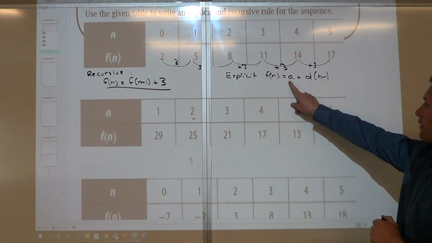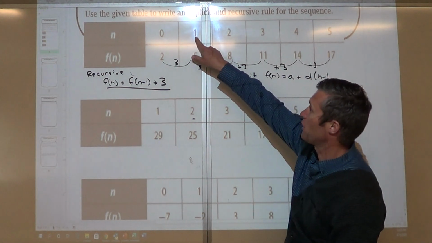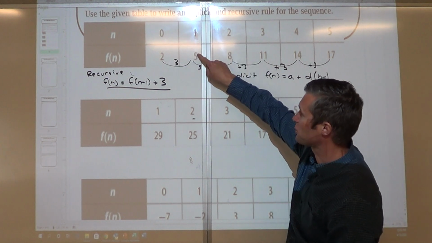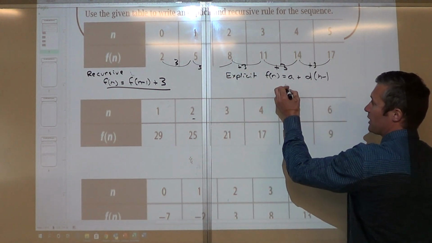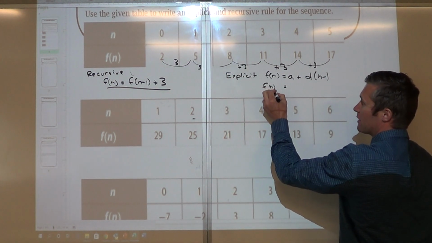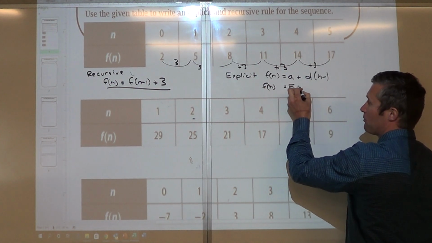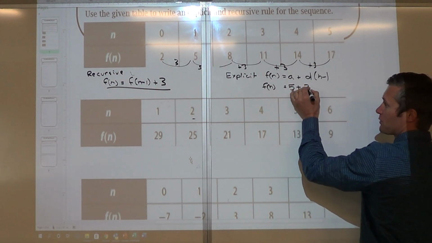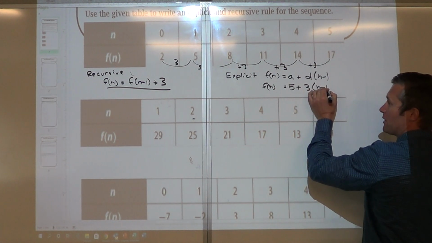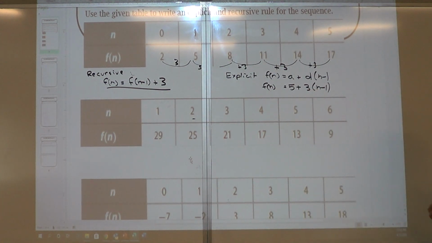I need to know my first term. My first term is 5. So f of n equals my first term, 5, plus my common difference, 3, times n minus 1.